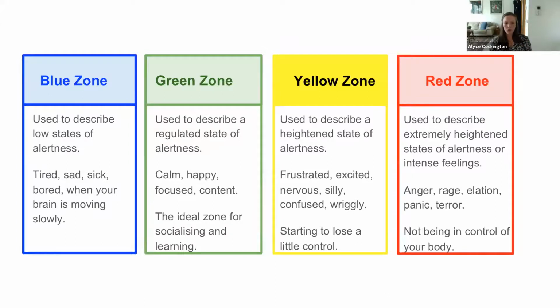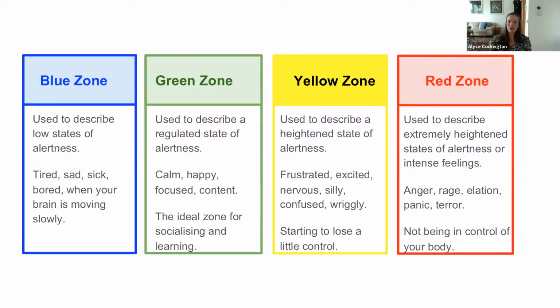So the blue zone has a really low level of alertness, low level of emotional arousal, and then you're moving up the zones in regards to level of emotional arousal. So the green zone, I've already talked a bit about the blue zone, and you can see it there on the screen. The green zone refers to being calm, happy, focused.